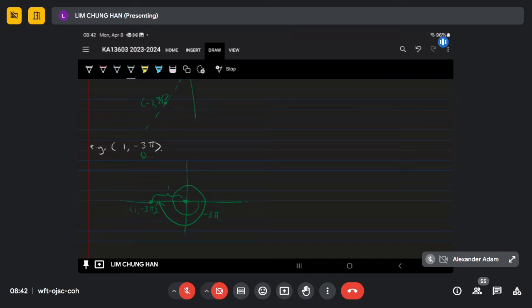All right. So these are all the different possible examples of how you can plot polar coordinates.